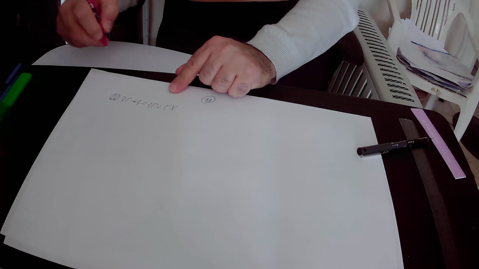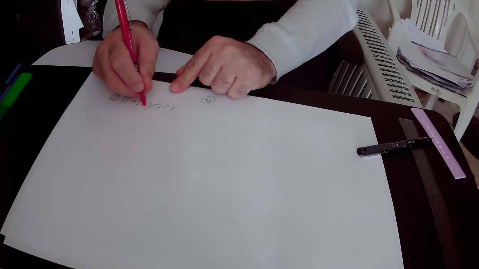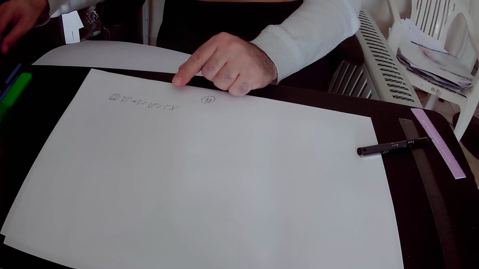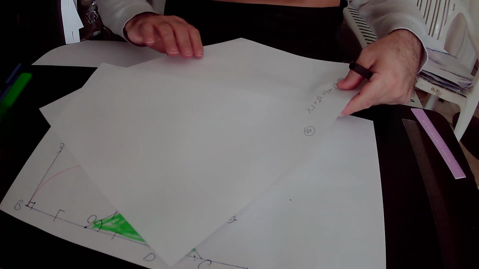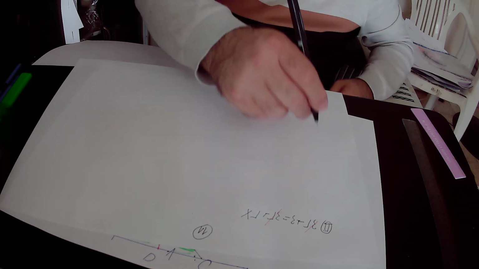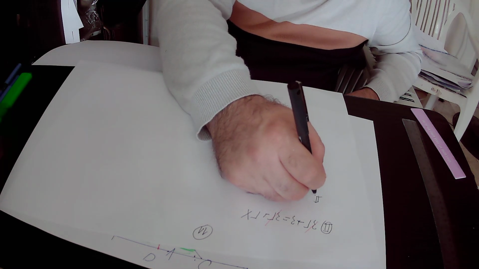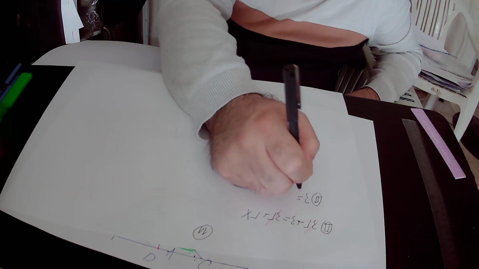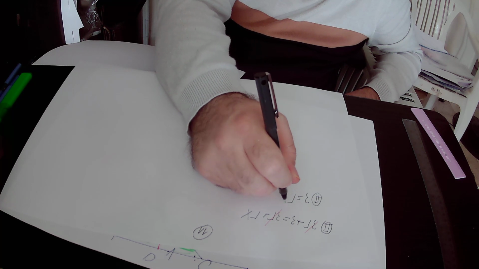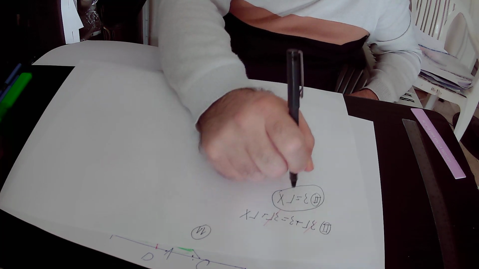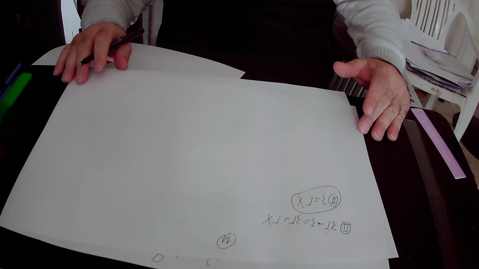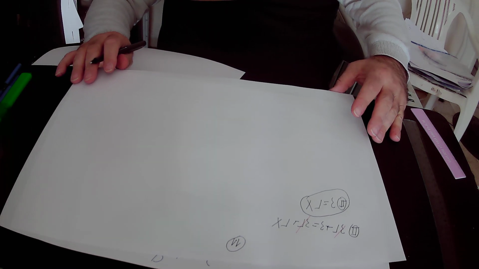So 3R will get cancelled. And what is left after we cancelled 3R? It is actually 3 equals R times X. So we found out that 3 equals R times X.